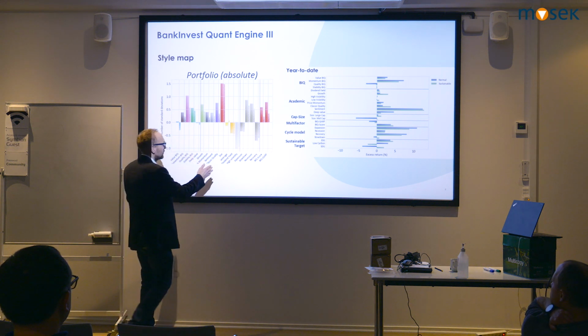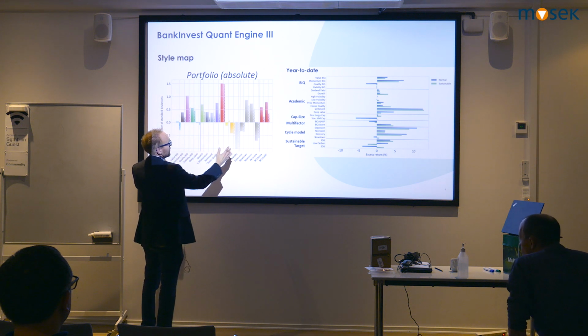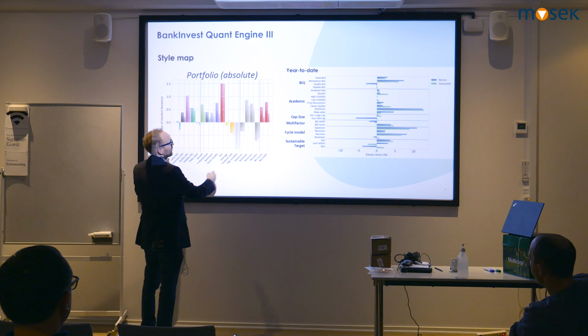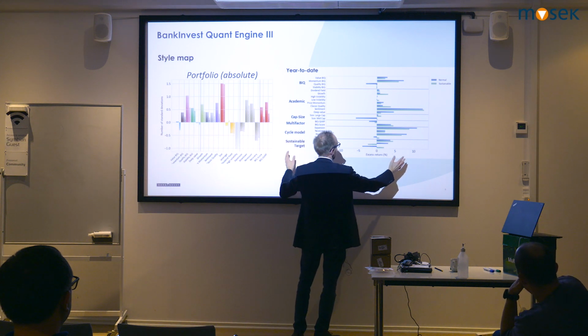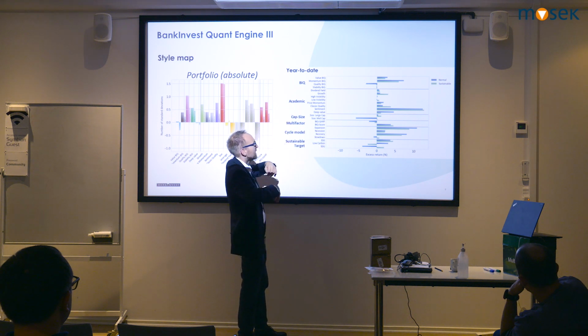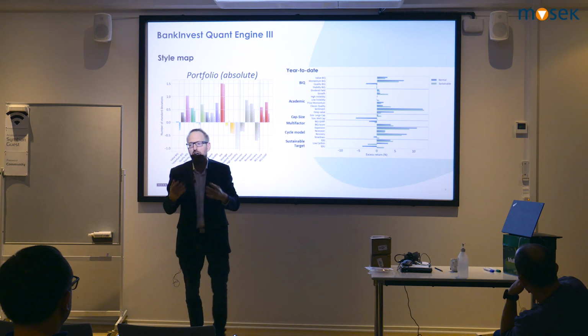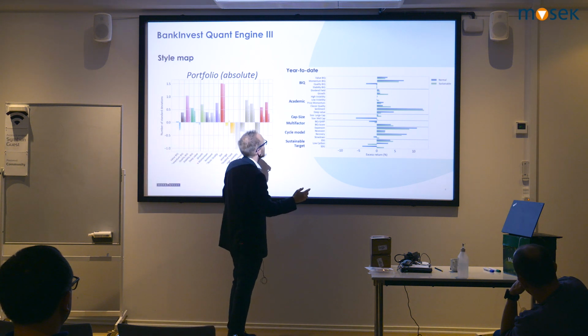So that's one thing we do, and this is the actual picture of the actual invested portfolio for one of our funds. This is more of an analysis tool. Here we take each factor and do a single factor optimization on that, and then run the performance of that.